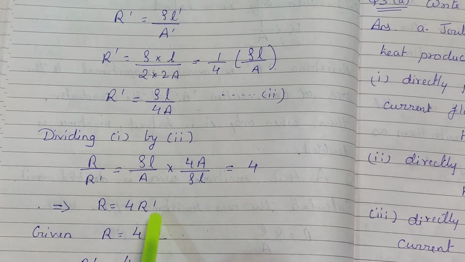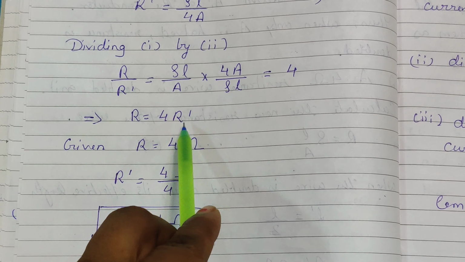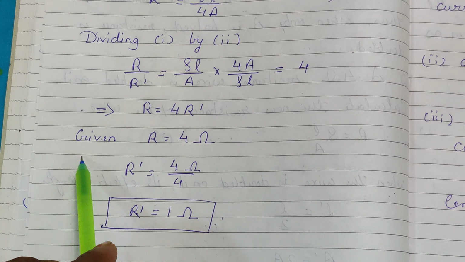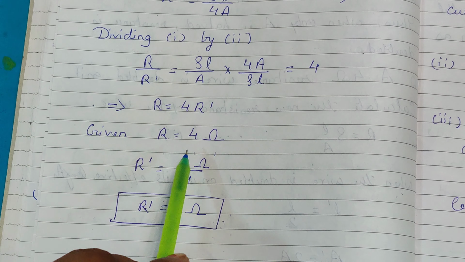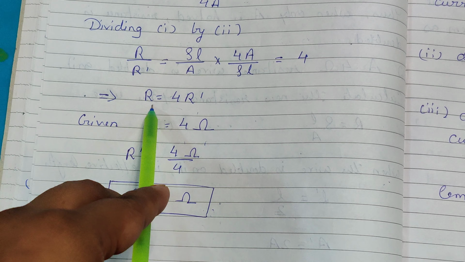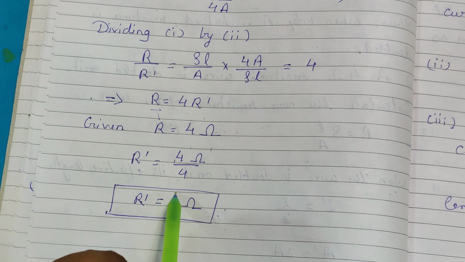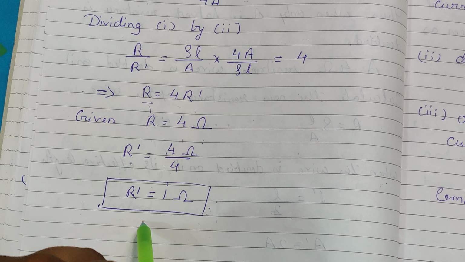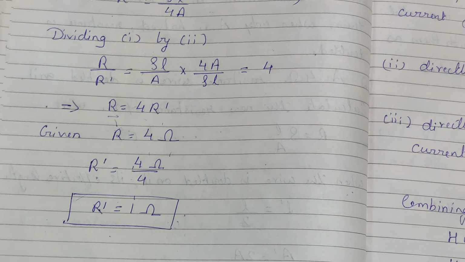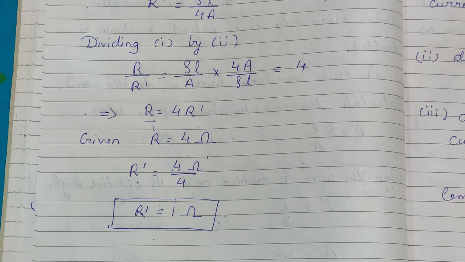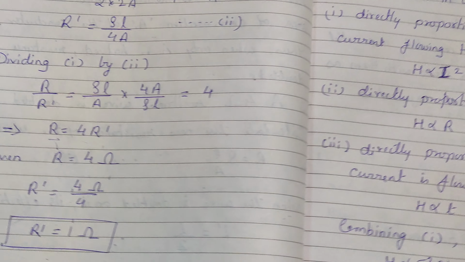R equals 4 R dash. Now we know the value of R, 4 ohm. Then R dash equals R upon 4, which is 4 upon 4, equal to 1 ohm. So the new resistance will be 1 ohm. This is your second part of the second question. Now we will do the next question.